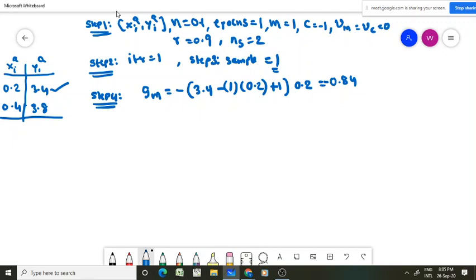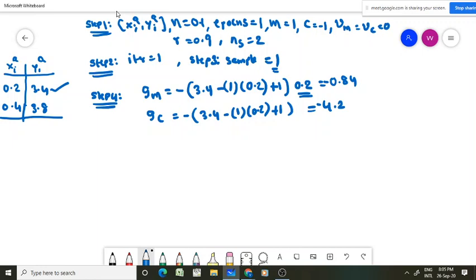Why the negative sign? That's coming from here. Similarly, gc equals minus (3.4 minus 1 times 0.2 plus 1), so that value equals 4.2 with a negative sign. So in the fourth step, you have to calculate the gradients of the mean square error function, or cost function or loss function, with respect to the model parameters.